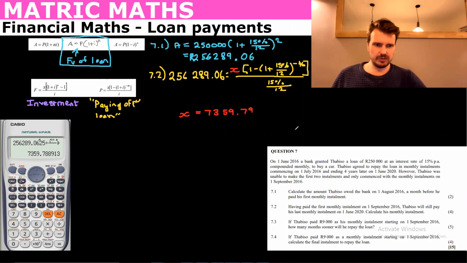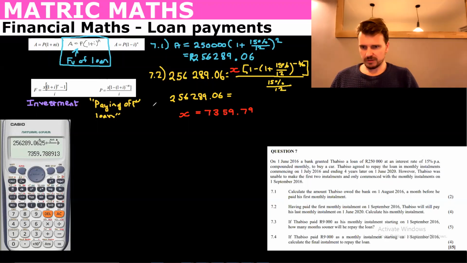Now, for those of you who don't want to take any chances, what you would have done is 256,899.06 equals, and so you wouldn't have put in the 256 first.